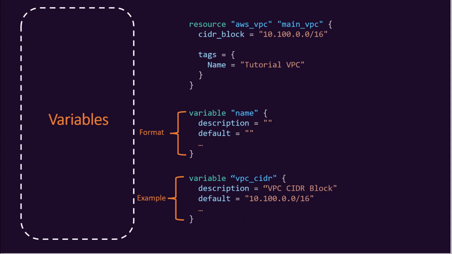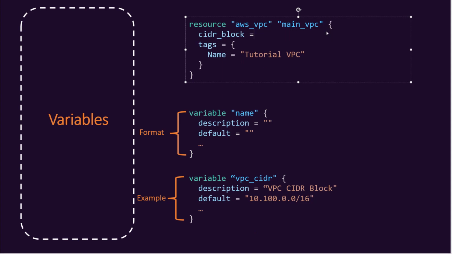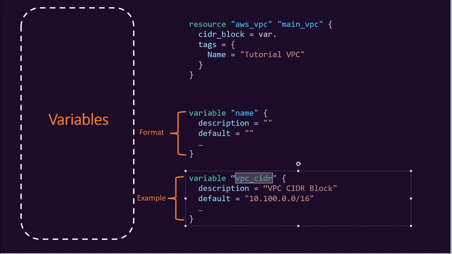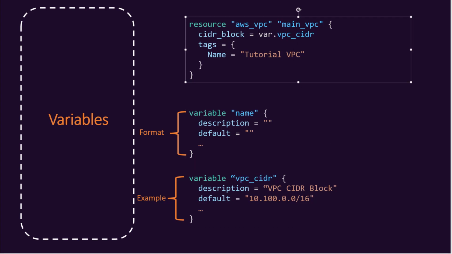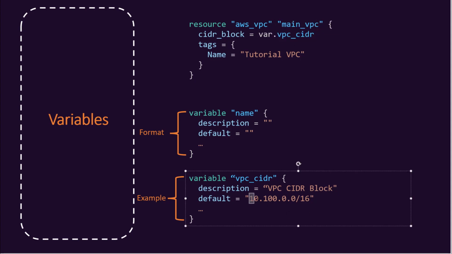To use this variable in the resource, just remove this one and type the keyword var dot the name of the variable. Done. When we run the Terraform code, when it arrives at this line, it will go to the variable block and take this default. If it cannot find a default, it will ask for the content.